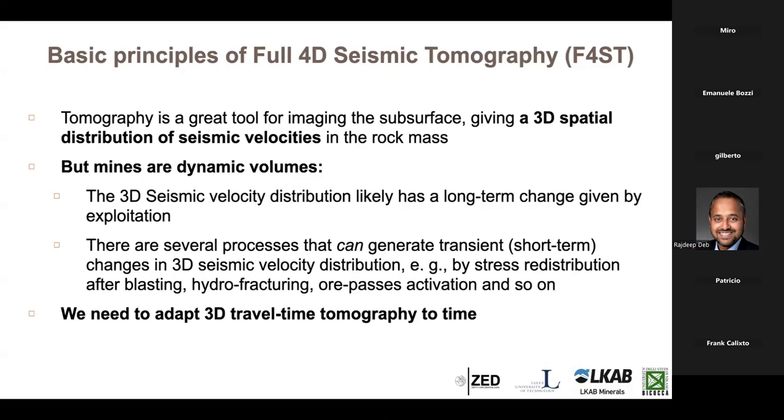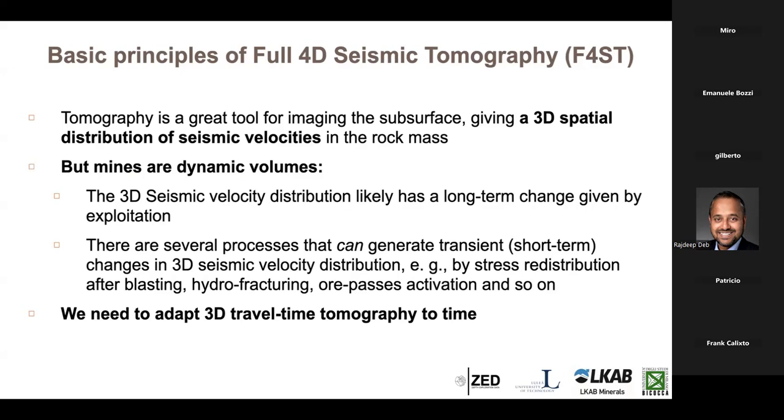But mines are dynamic volumes. So the 3D seismic velocity distribution is likely to have a long-term change given by the exploitation. We are removing rocks, and so we are altering the rocks, and over a long period that should induce some change in the velocity distribution in the rock mass.